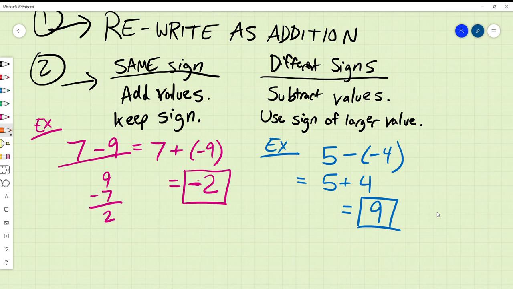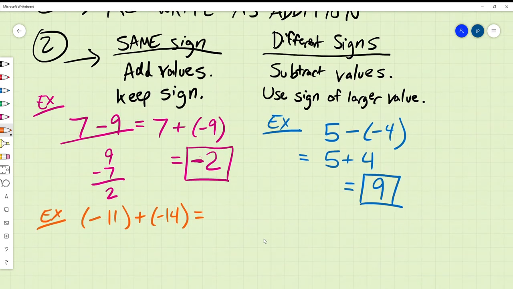If we want to see another example, let's say we start with a negative. Say we have negative 11 plus negative 14. Again, our idea was to rewrite this as addition. It's already addition, so we don't need to do that.